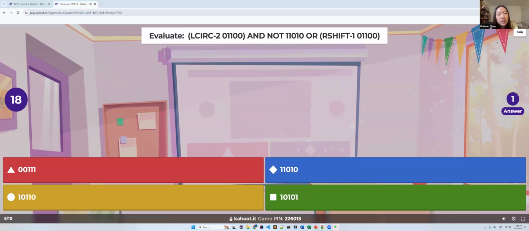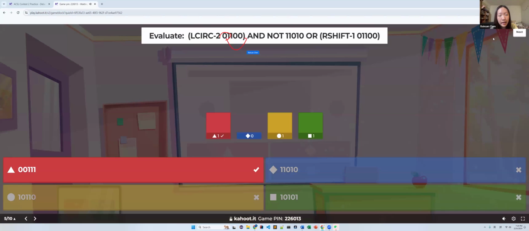Okay, for this one, again, for a circle, we move the 2 leftmost digits to the right. So we take these 2, sorry, I'll use a different color, and we'll move them to the back. So that returns 1, 0, 0, 0, 1.